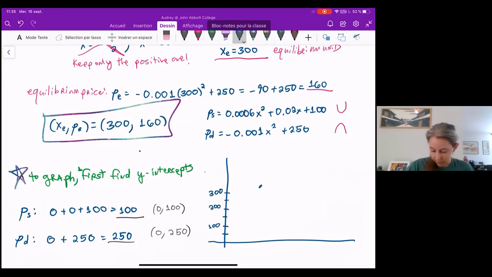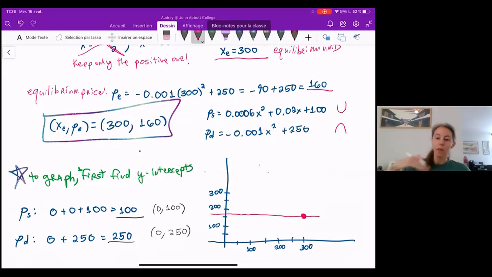And then we'll do the same thing: 50, 100, 150, 200, 250, 300. And so I'm going to start by graphing my y-intercepts and my equilibrium point. My equilibrium point is 300, 160. So that is about right here, my beautiful straight line. So my equilibrium point is there.